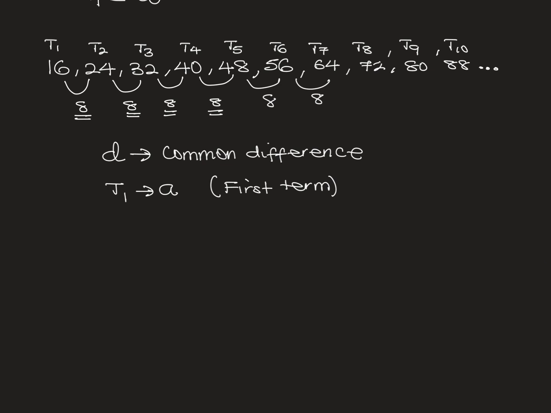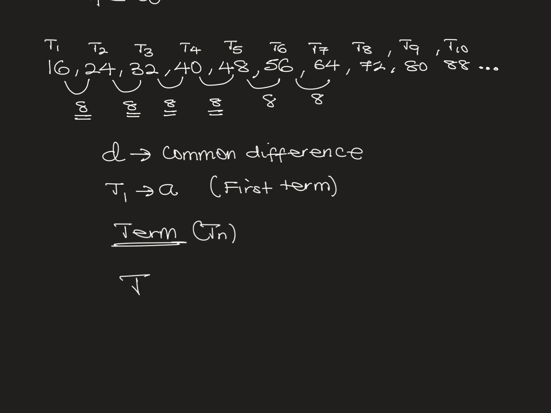Let's say I want to find the 11th term, the 12th term, the 16th term, or the 100th term of this sequence. It would be very difficult to arrange the numbers like this. That is why we have formulae regarding this topic. So if we want to find the term, which is T sub n.